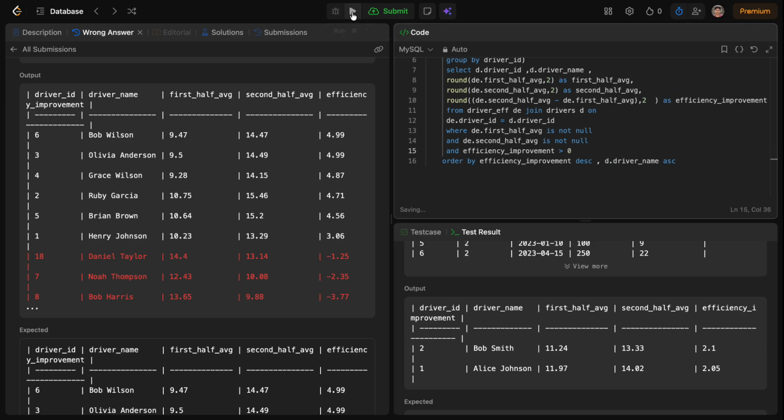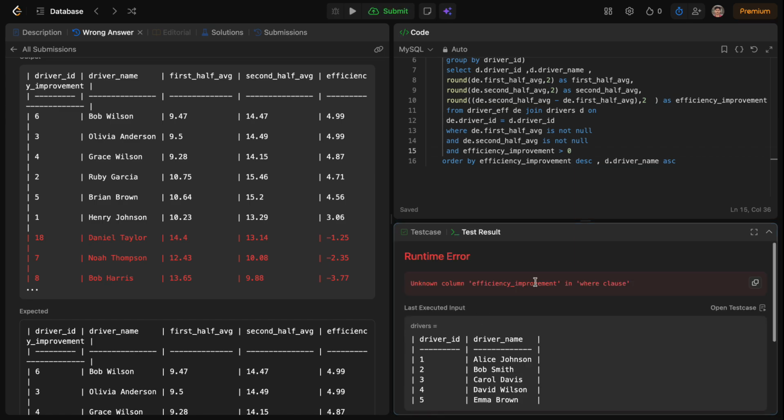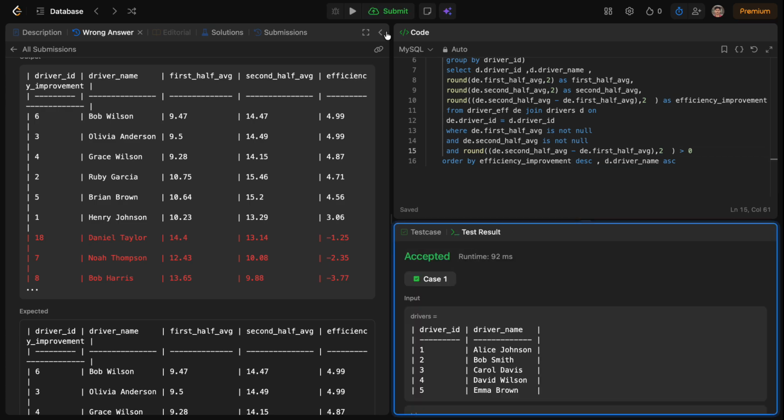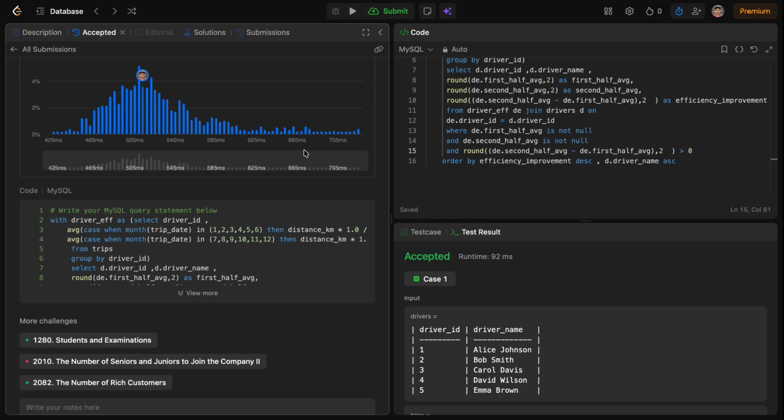So we add here that the efficiency improved is greater than 0. This is a must thing we have to use here. Now submitting this, because efficiency improved means greater than 0. If the efficiency is negative, how can we say we have improved?